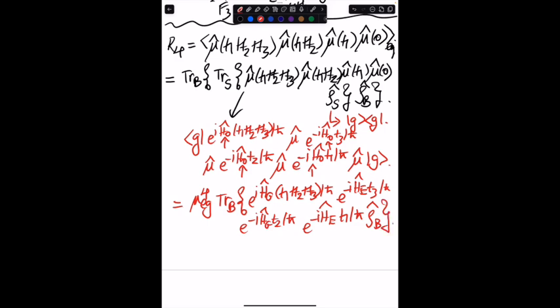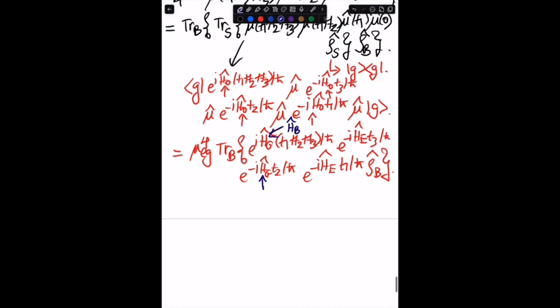And then again, H_g is just the path Hamiltonian. H_e is written using the positive and negative time ordered exponentials. In this case, it would just be positive time ordered exponentials. So you get mu_eg to the power 4, trace over path.